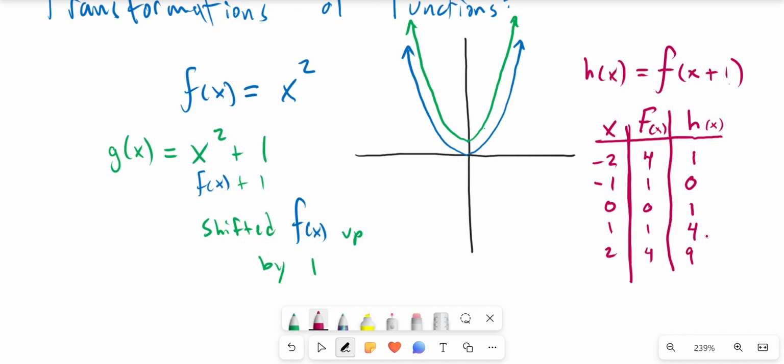So look what happened. It seemed to shift everything back. It shifted all of the y values up a little bit, which means into the negative numbers of x. Now I'm getting to the h values sooner. Smaller values of x, like -1, are getting to 0 before plugging in 0 did. That was what I needed to get 0 out of f. I only need to plug in -1 to get it out of h.